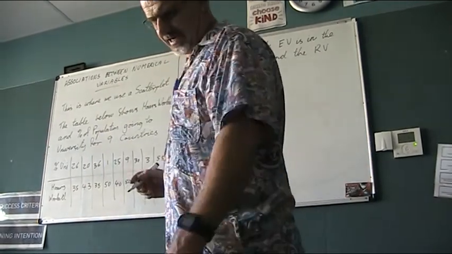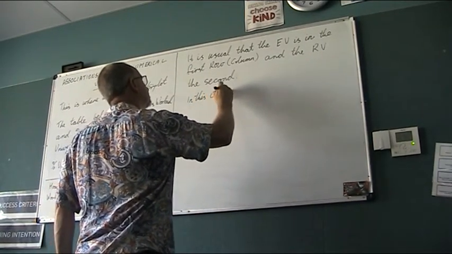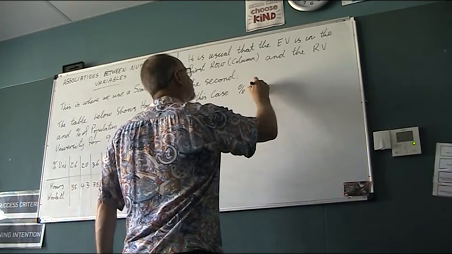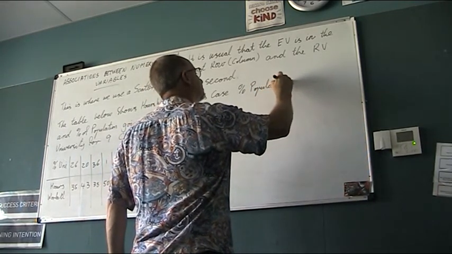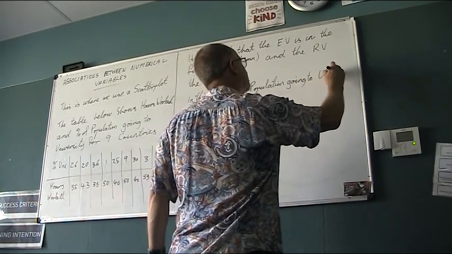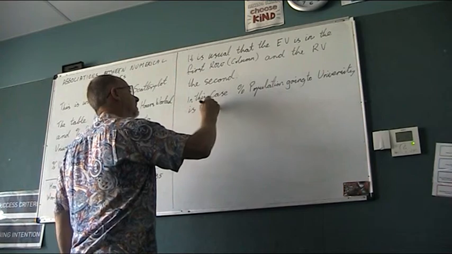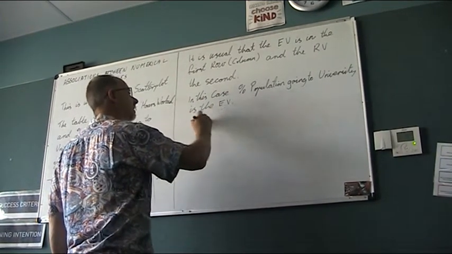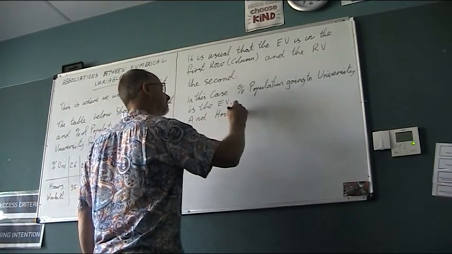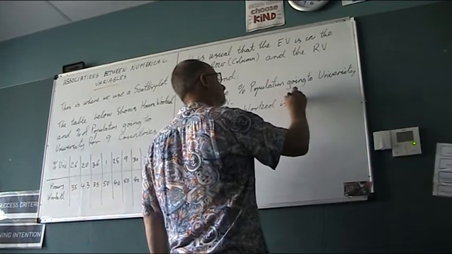All right, so in this case, percentage of the population going to university is the explanatory variable, and hours worked is the response variable.